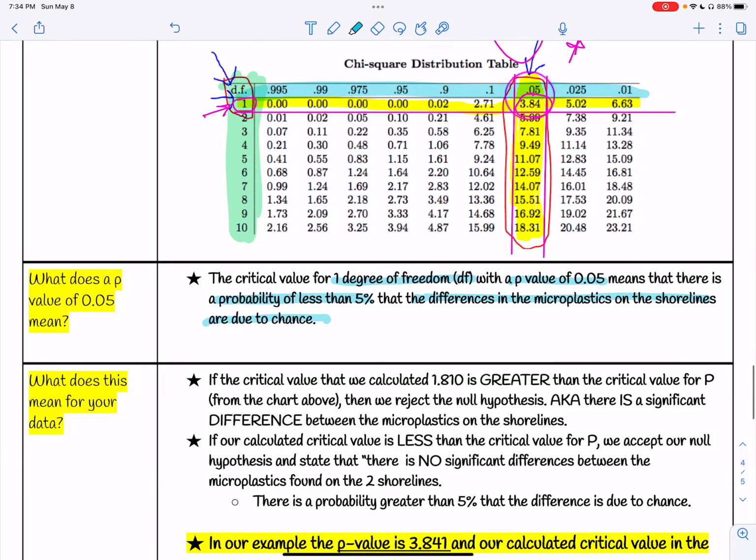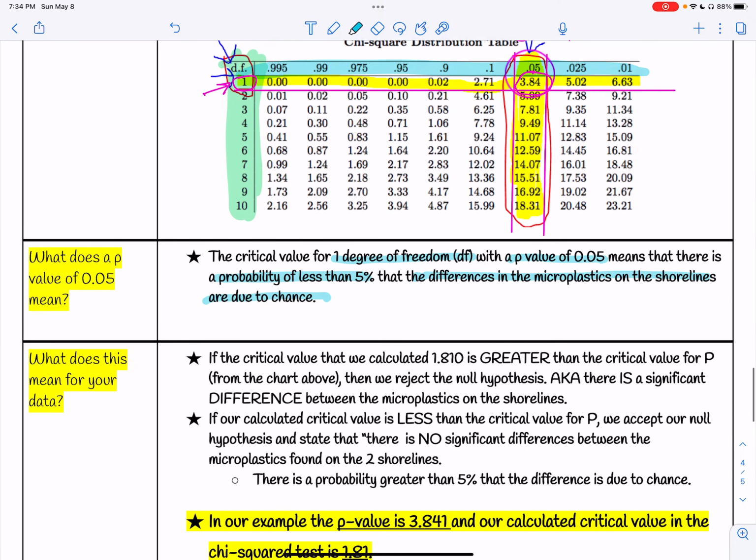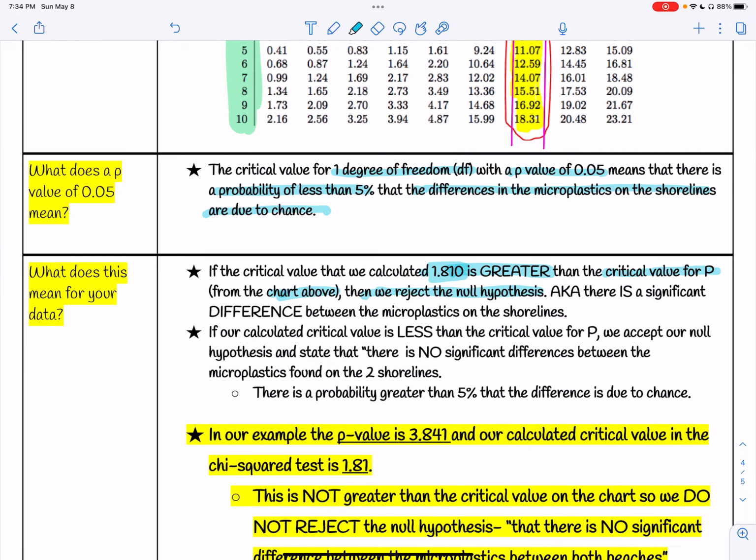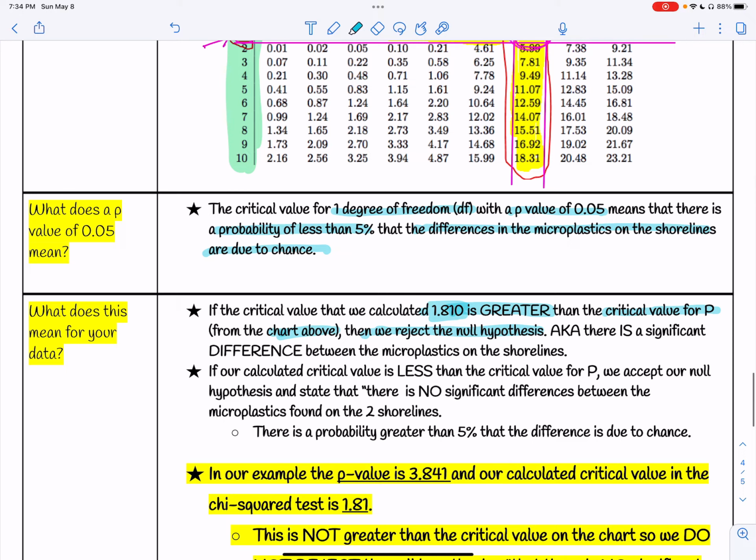So what does this mean for your data? If the critical value that we calculated, which is 1.81, is greater than the critical value for P in the chart, then we will reject the null hypothesis, saying that there is a significant difference between the microplastics on the shoreline.